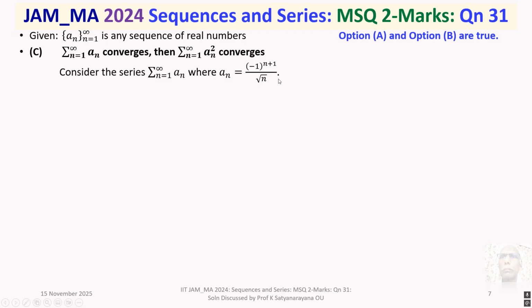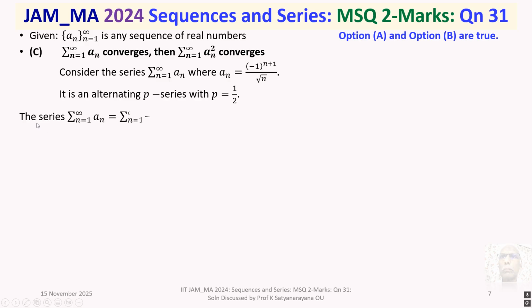What are these? These are alternating series, an alternating p series for p equal to 1 by 2.